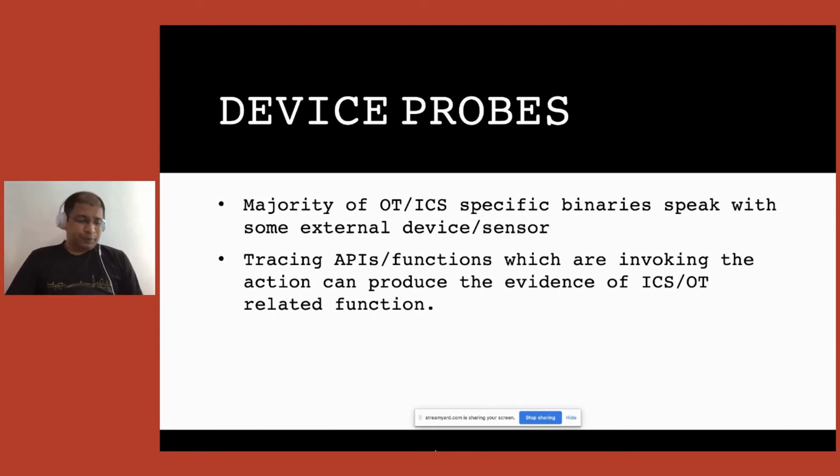Device probes. Another very important aspect, or rather, one of the critical aspects. Why critical? Because most of the software written for industrial control system functions has some hardware deployed somewhere, either in the same box or in the local network periphery.